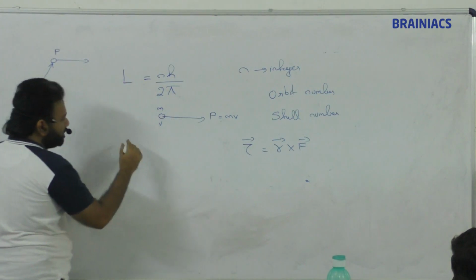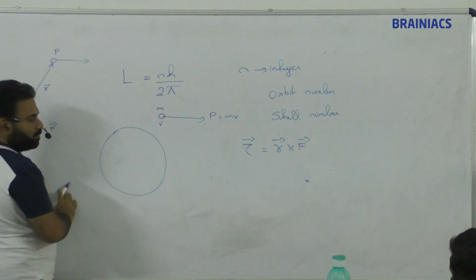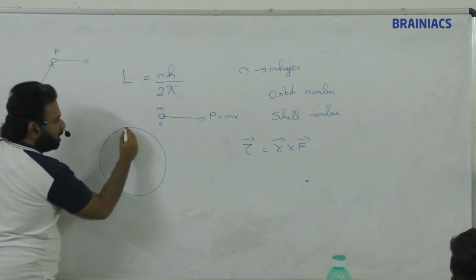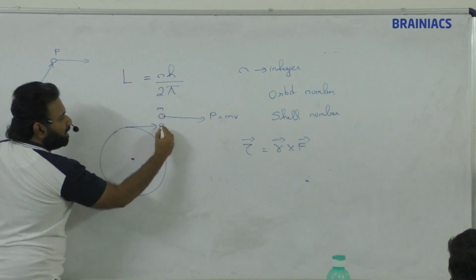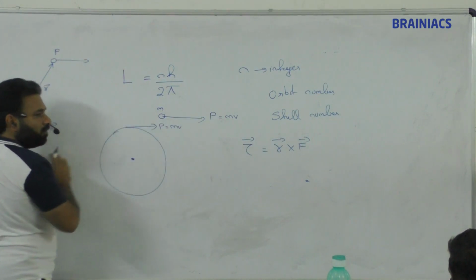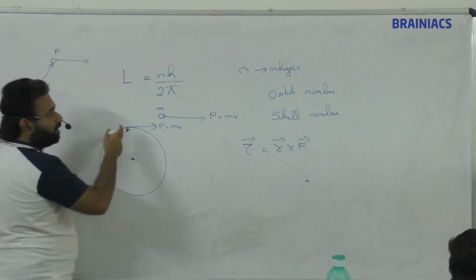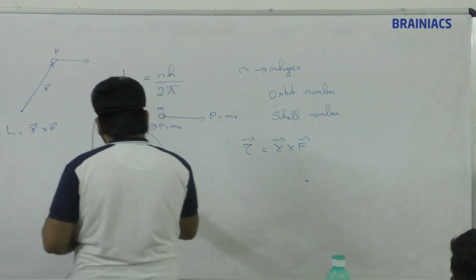So if something is making circular motion, and this is the center, in the straight direction what will be there? P is equal to mv will also be there. Its angular momentum will be the rotational effect of this linear momentum.